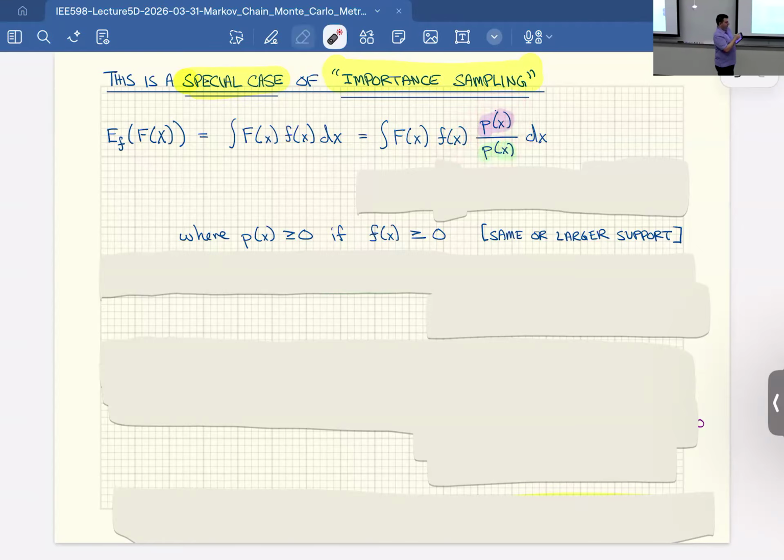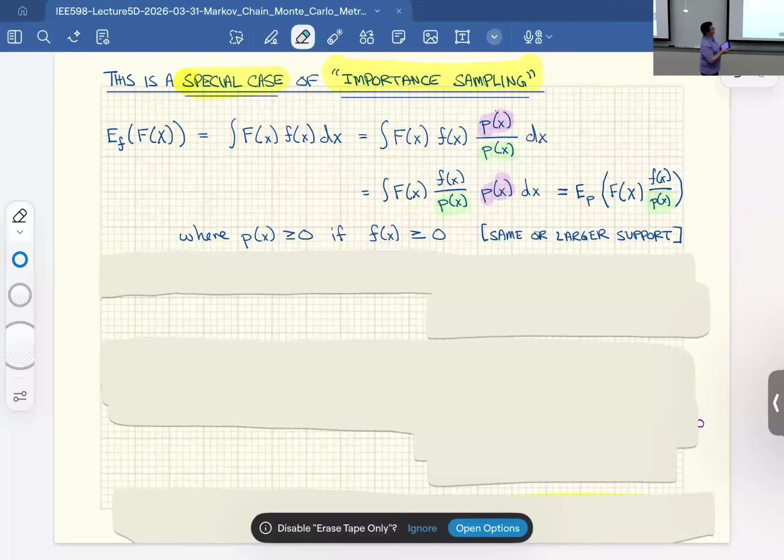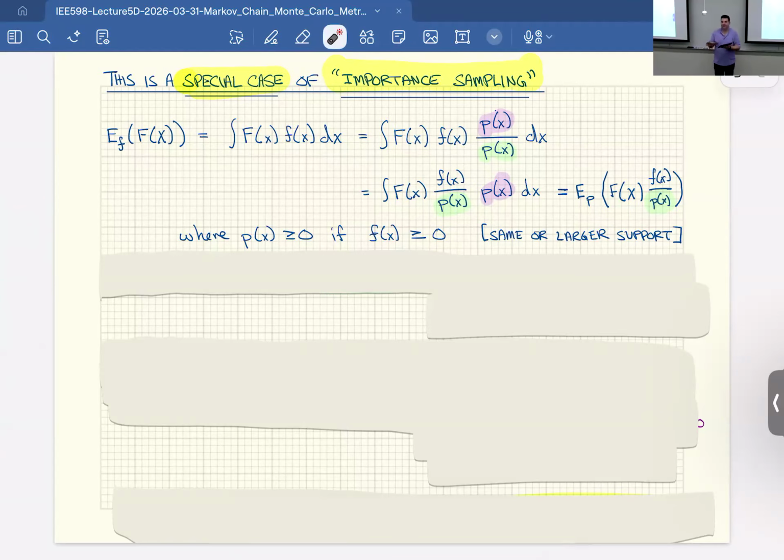So why would I want to do that? Well, if I do that, I can reorganize this, and now this integral is written a little bit differently. It's the thing that I wanted to estimate times this ratio that we refer to as a likelihood ratio, between the density that I wanted to take the average under and my proposal density, my sampling distribution. This density function used to be in the numerator, and it has now popped out here.